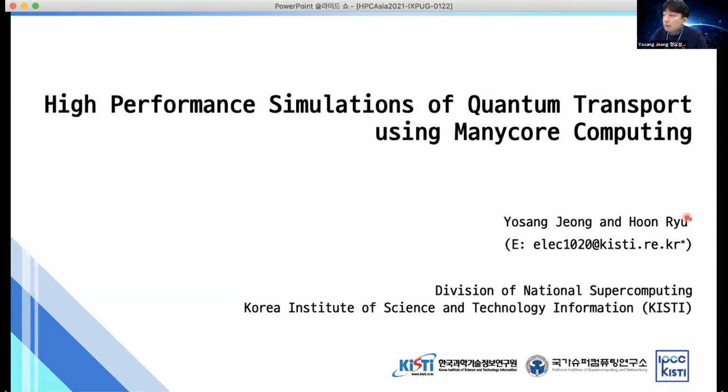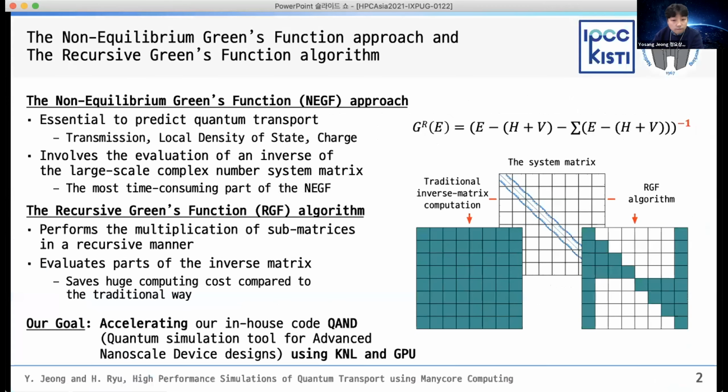Yes. Hi, this is Yosang Jeong from KISTI, and I'm going to present our study, the high performance simulation of quantum transport using Manycore computing. First of all, in order to perform the quantum transport simulation for nanowire structure, we need to use the non-equilibrium Green's function approach.